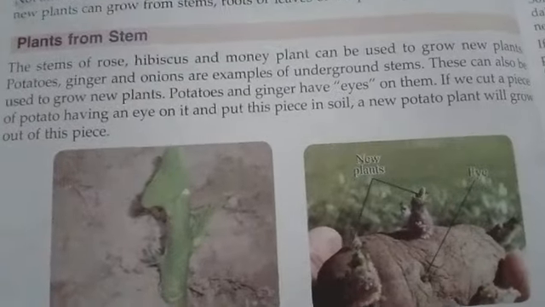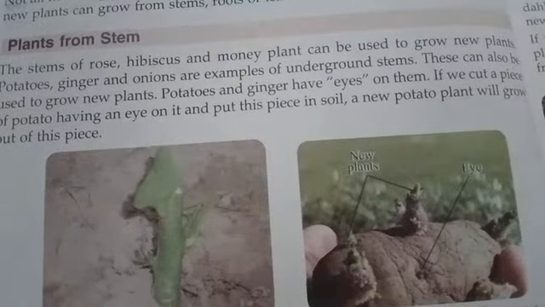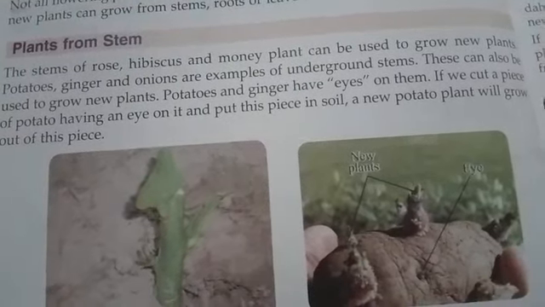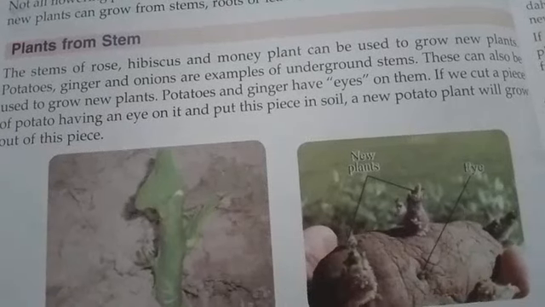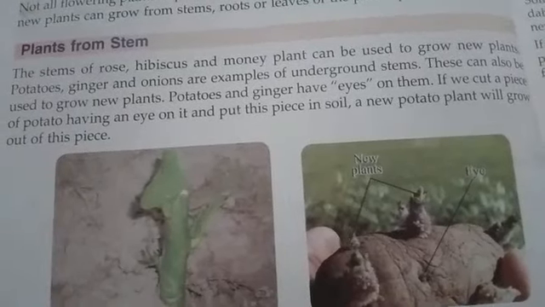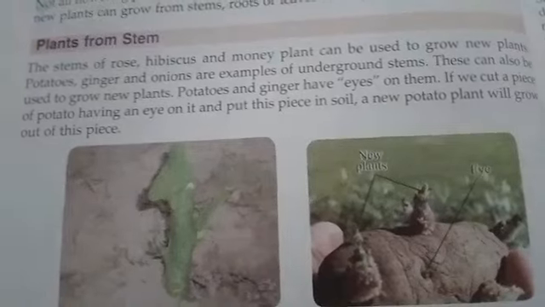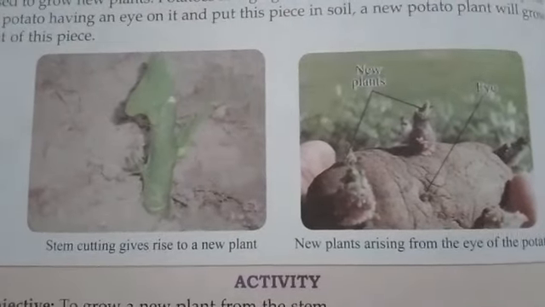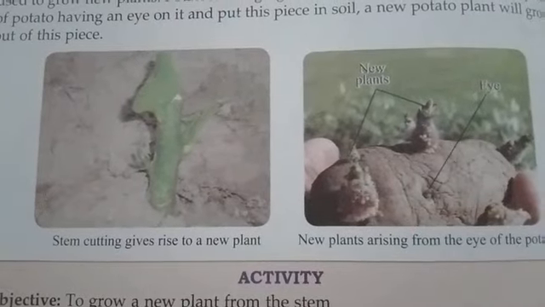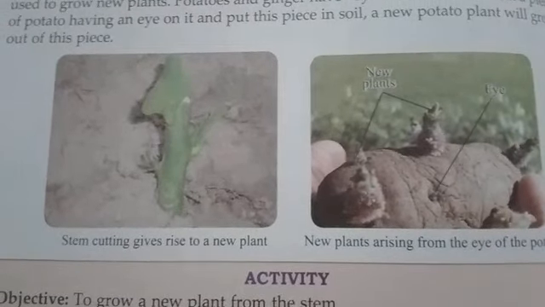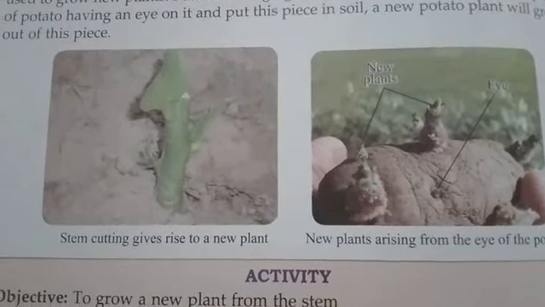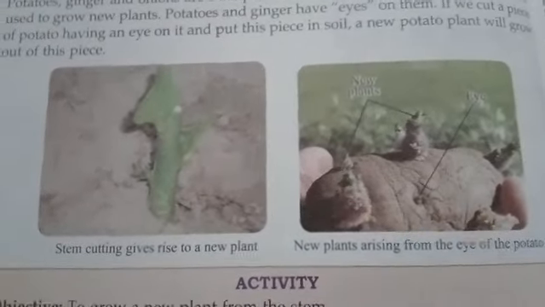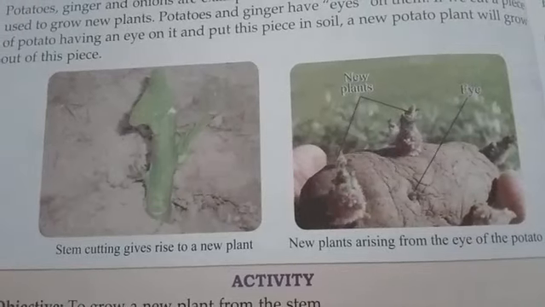Potatoes, ginger and onions are examples of underground stems. These can also be used to grow new plants. Potatoes and ginger have eyes on them, and you can see the eyes on the potatoes and ginger. If we cut a piece of potato having an eye on it and put this piece in soil, a new potato plant will grow out of this piece.